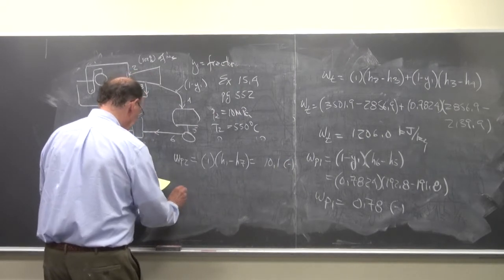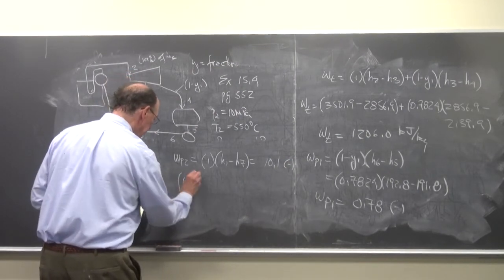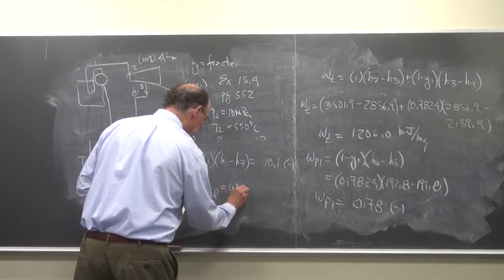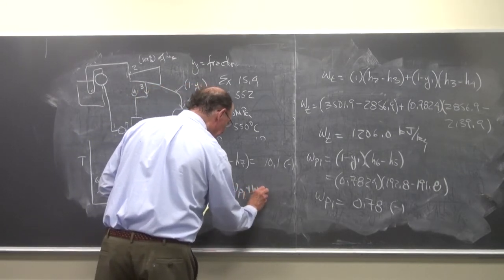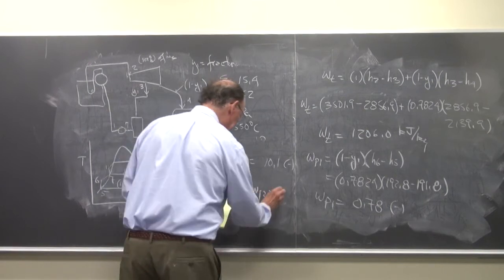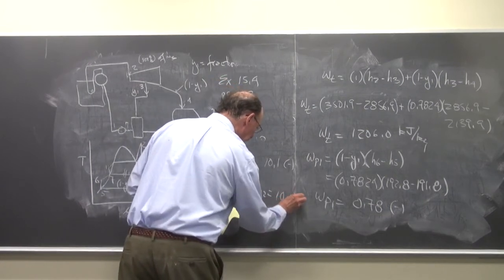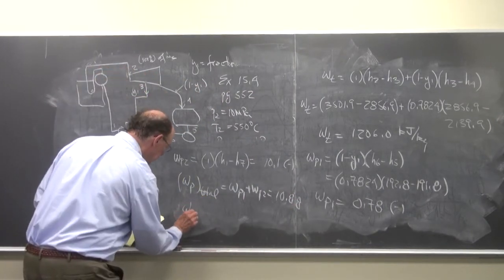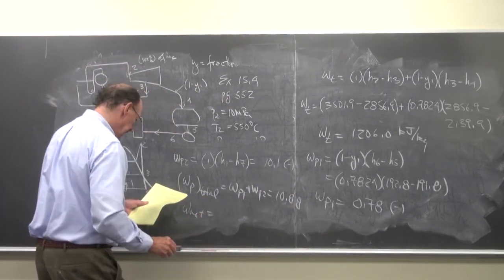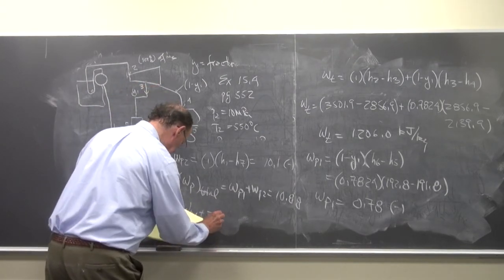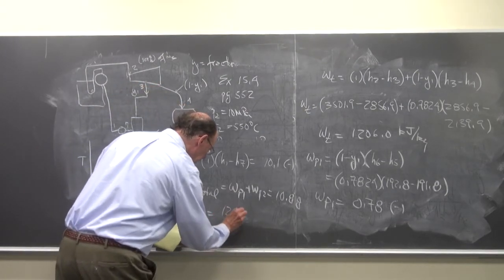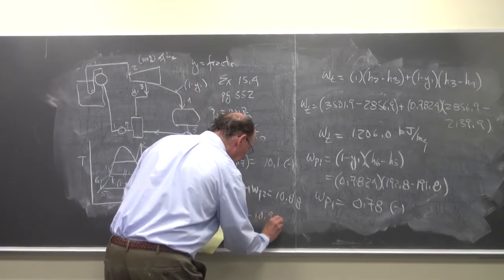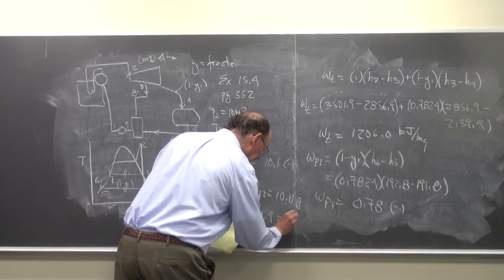And WP total is WP1 plus WP2 is equal to 10.88. And W net is equal to 1206 minus 10.9 is equal to 1195.1.